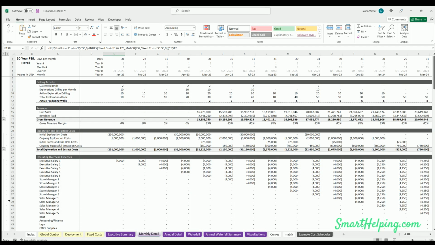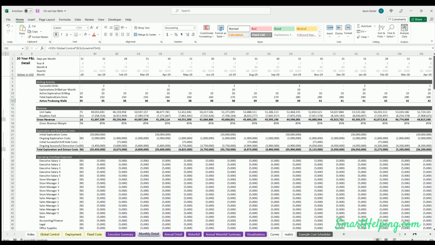Now the monthly detail, this is going to show you where all of your activity that's coming from the deployment schedule and the fixed costs is aggregating. So you've got your drilling activity here: successful drills per month, explorations drilled per month, active exploration drilling, and total explorations done, as well as active producing wells, which all will adjust over time.